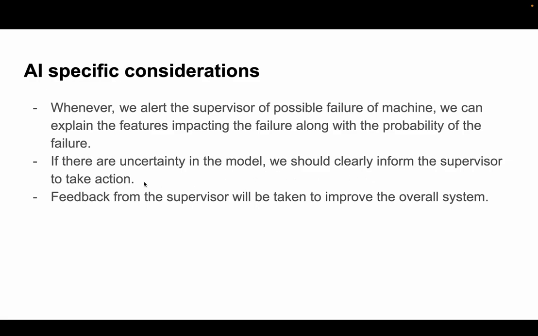Let's say there is any abnormal behavior, we should inform the supervisor that this prediction might not be perfect or accurate, so that the system acts as an augmented system for the user. That is where we will handle the uncertainty in the model. Feedback from the supervisor will be taken to improve the overall system.